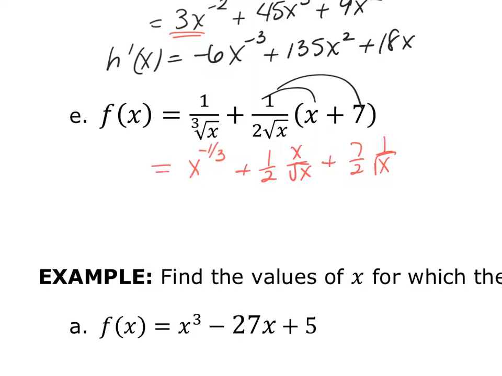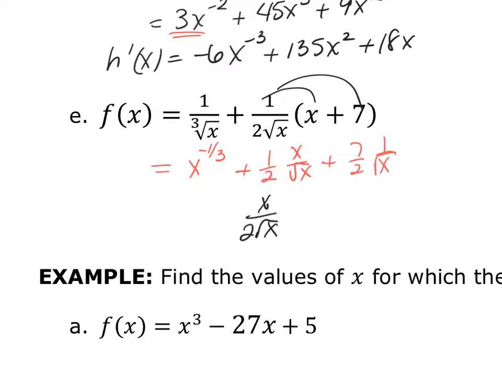Yes? So the reason I'm doing that, if I think of that 1 over 2 as being a multiplier, I can ignore it and just use it as a multiplier. It doesn't have to be a part of what I'll be doing in a minute.